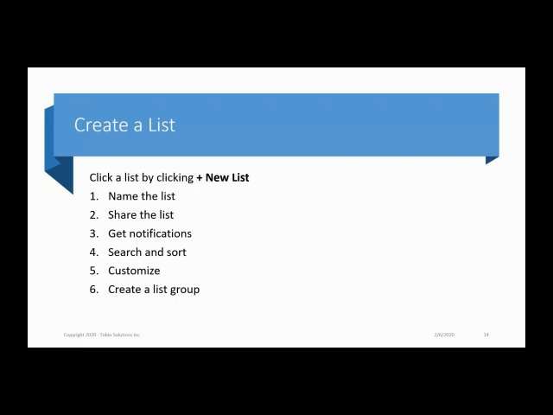Who's got the ball, who's doing what, and you can actually share that and check stuff off. You can get notifications on your phone or inside the applications of things that are due or things that are added to it. You can search and sort and customize them, and you can even create groups of lists.